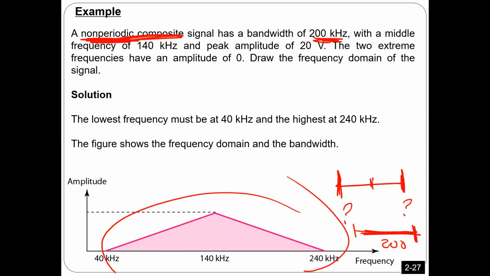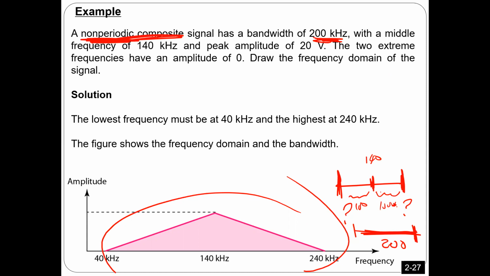And then he's giving me the middle frequency. The middle frequency is 140. Because this is the middle, from here to here should be 100, and also from here to here should be 100. From here to here is 200, which is given to me, and the middle is 140.